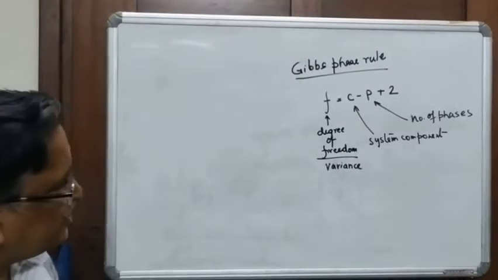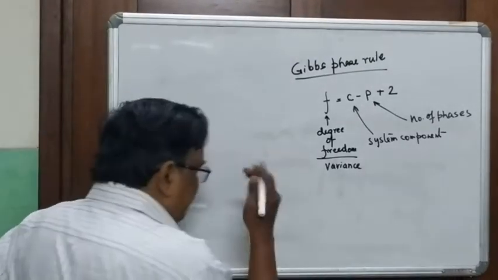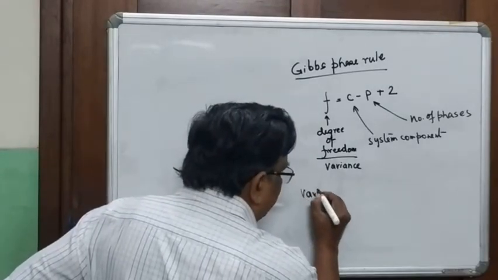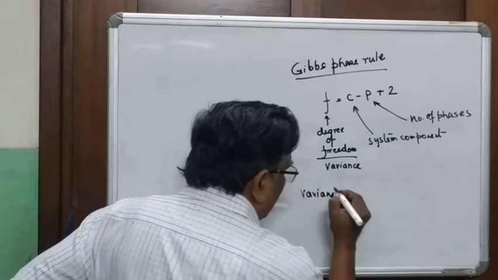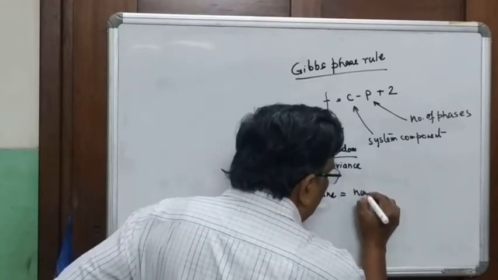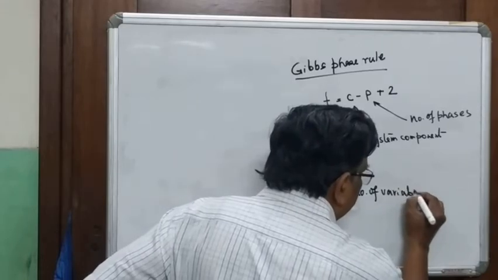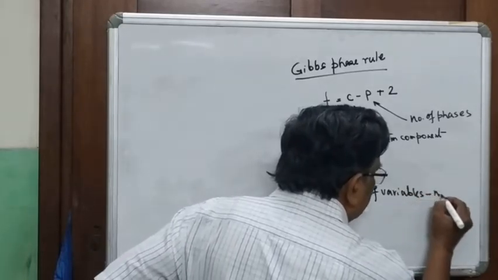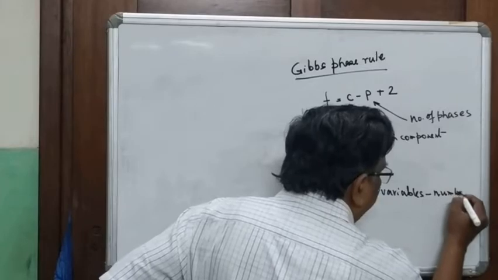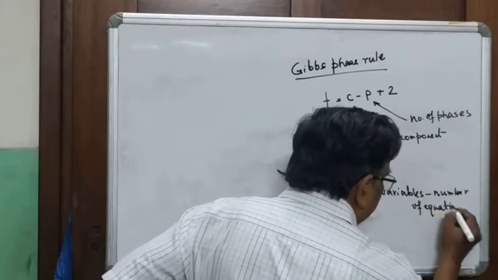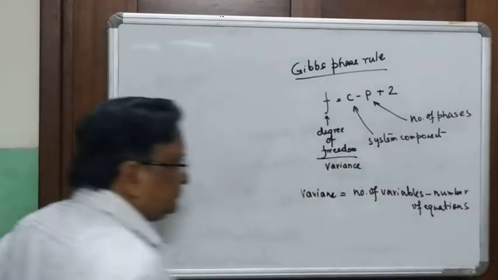What is variance? Variance is very easy to understand. Variance is essentially the number of variables minus the number of equations. That's it.